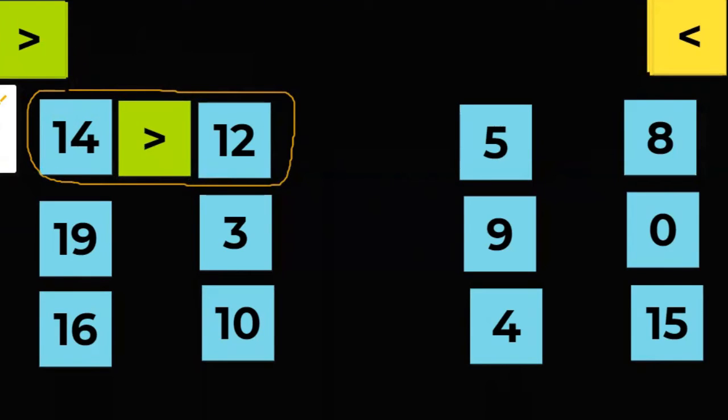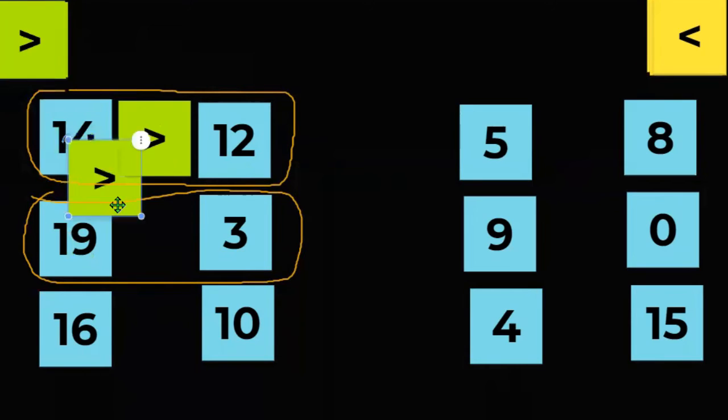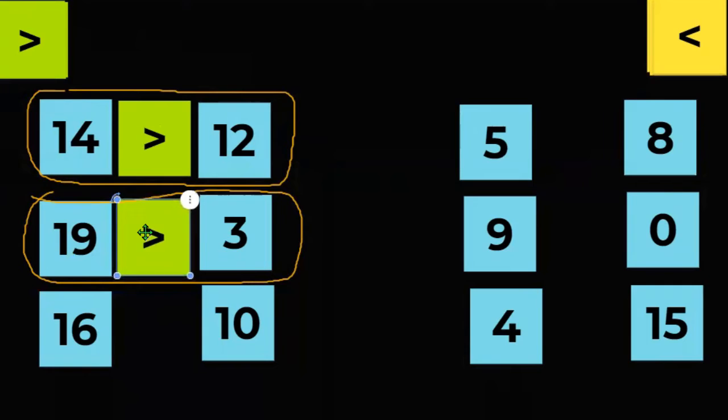Let's look at the other one. 19 and 3. So one number is 19 and the other one is 3. As you can see, it begins with a greater number, and that's the clue to tell you which sign to put. The greater than sign. And it reads 19 is greater than 3.